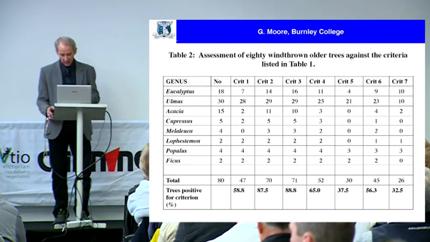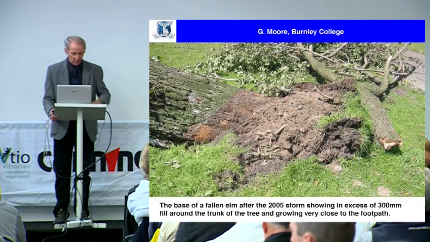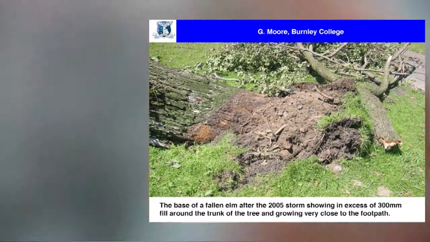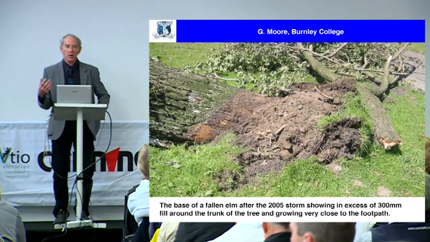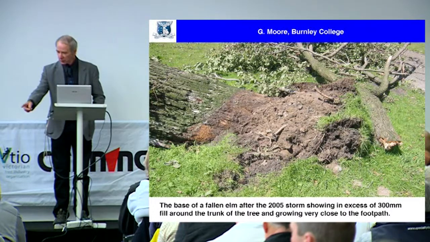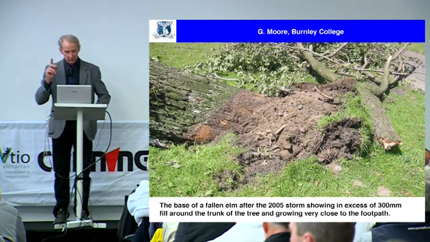Now, I'm also saying to you that you can use these sorts of criteria to inform your assessments and to shape your management. I remind you, this is not a cause and effect study. We're not saying that if you cut through the roots, the tree will fall over. It's purely correlative.